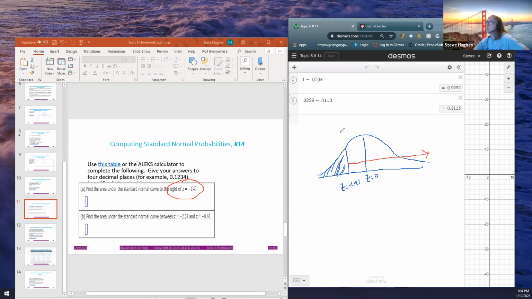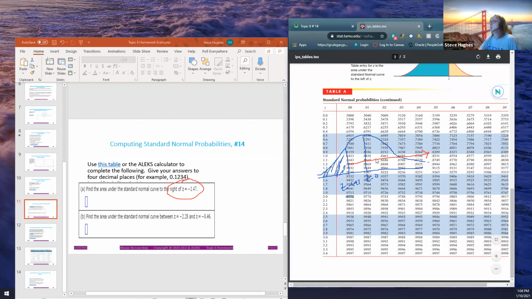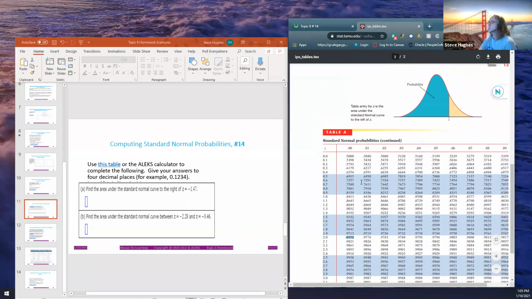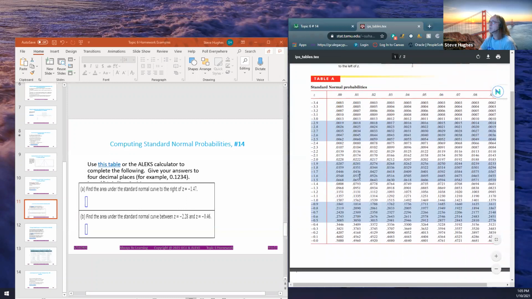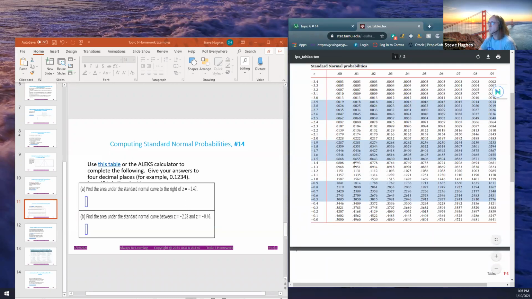I look this value up in the table, negative 1.47. I'll go there with you right now so you can see what I'm looking at. All right, so negative 1.47. This is positive. I need negative. Negative, here we are, 1.4.